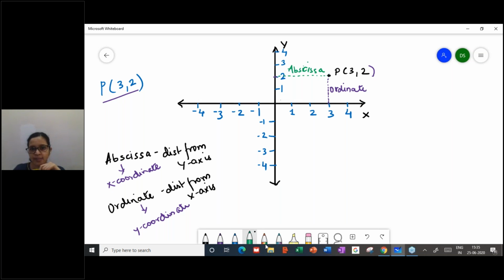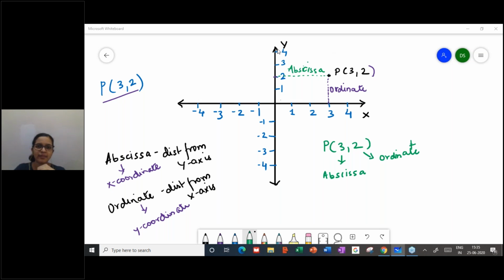The simple way is basically I am saying point P (3, 2) where this is nothing but my abscissa and this is nothing but my ordinate. Okay. So this is the simple way.